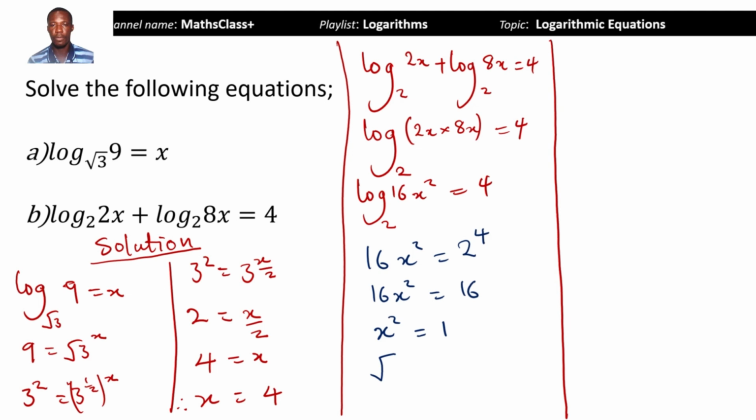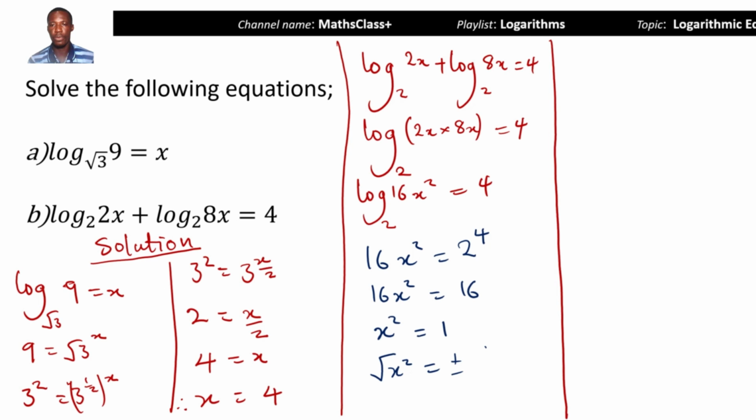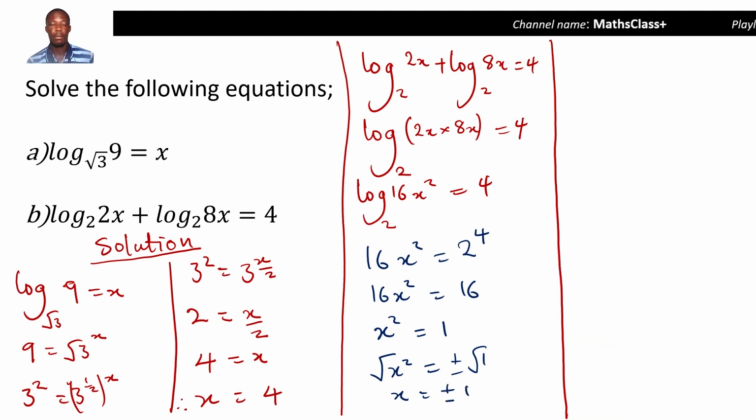So square root of x squared is equal to plus or minus square root of 1, and that will give me x is equal to plus or minus 1. However, negative of log is not possible. So the answer here is x is equal to 1. So the negative will be taken out. So we are going to choose 1 as our final answer.